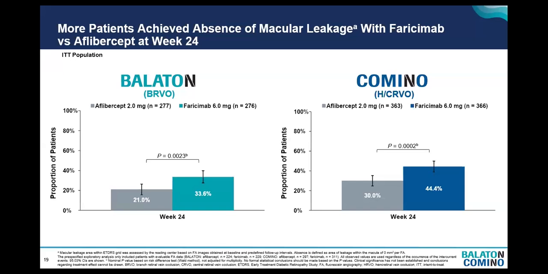But an interesting thing that came out of the Ruby trial was when you separate aflibercept and nesvacumab, which is a direct anti-angiopoietin 2, when you give these two separately, there's no benefit. You'd rather just give aflibercept alone. This was the Ruby trial.